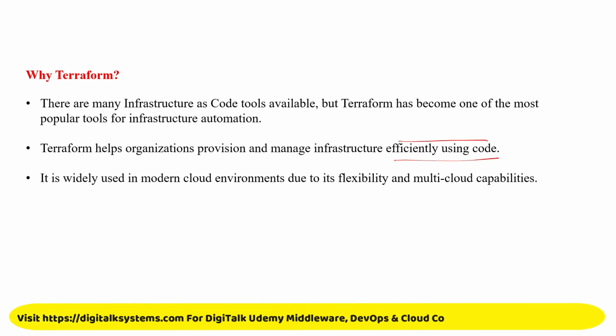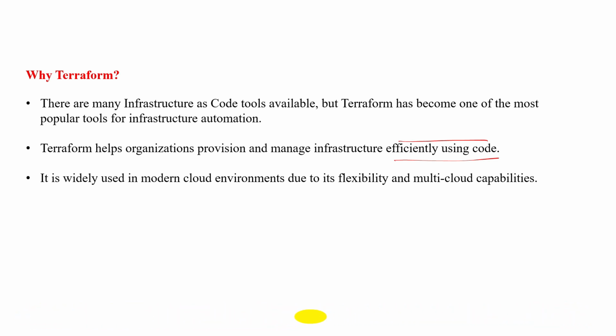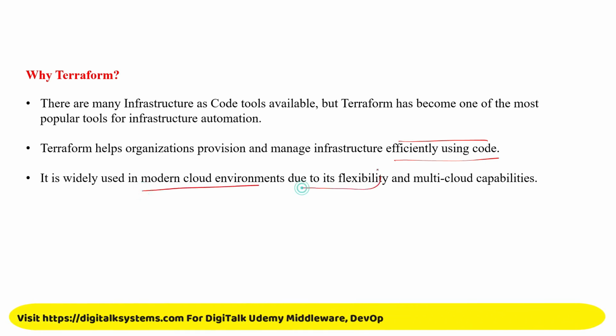We maintain a centralized repository where we have different versions of the code. Similarly, if we maintain our infrastructure as code, we get the same set of benefits. And it is widely used in modern cloud environments due to its flexibility and multi-cloud applications.